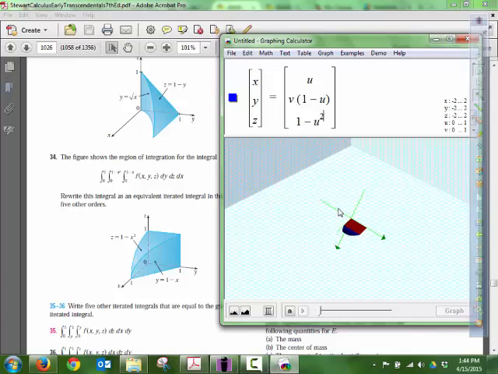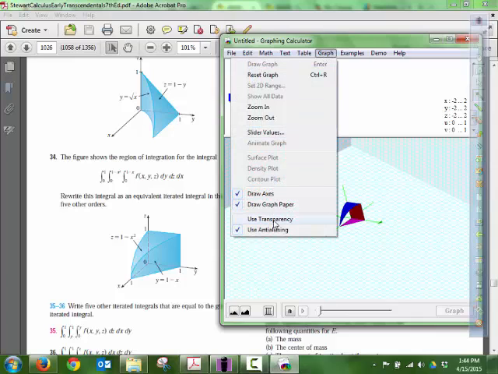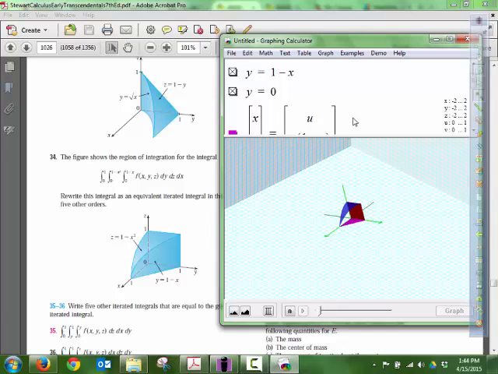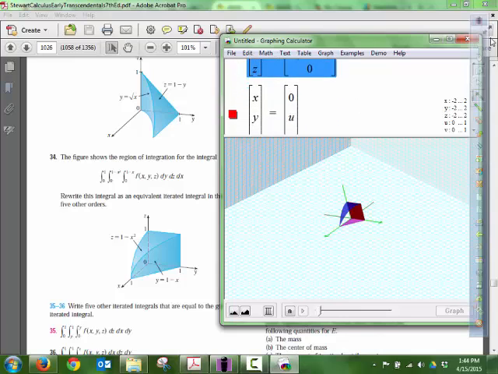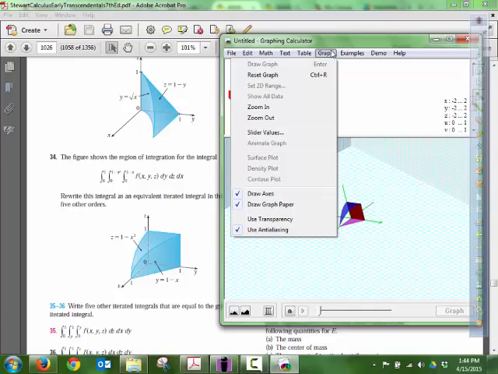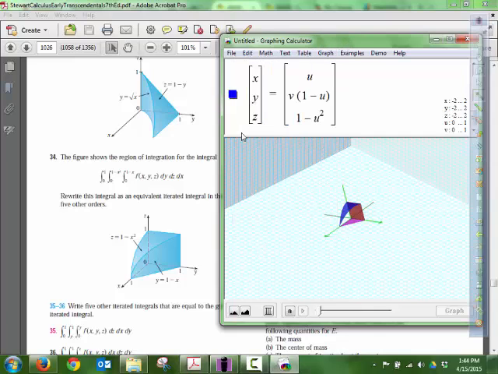And now we can cover it up with a plane. We got two more planes to go. Let's see, the first plane.